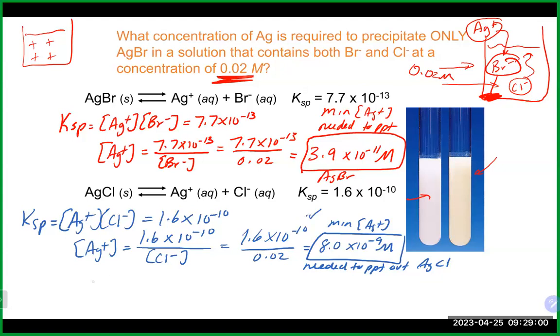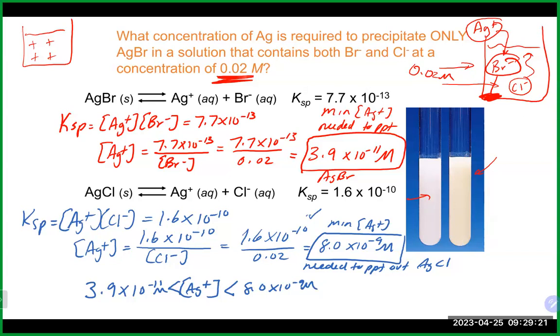So if we go to 3.9 times 10 to the minus 11 molar, but we keep the concentration of silver less than 8.0 times 10 to the minus 9 molar, we'll see silver bromide start to come out.